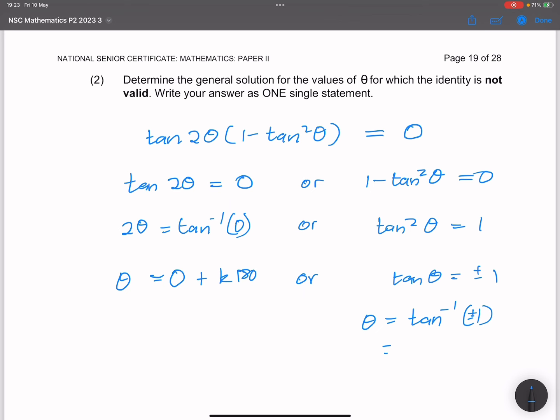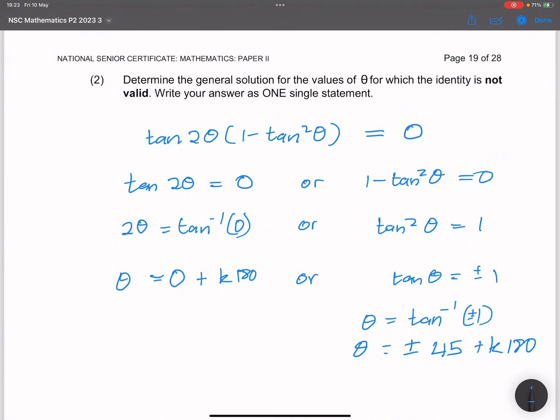That would give me plus or minus 45, plus k 360. Arctan of 1 is 45, and minus 1 would be minus 45, so that's why I've got those two solutions. Sorry, not k 360, rather this is k 180.